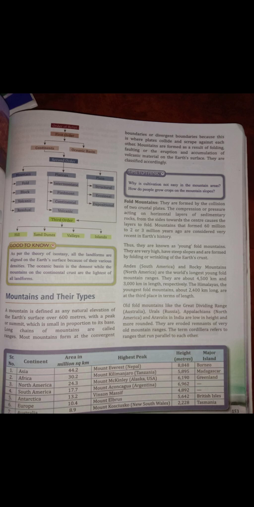So, fold mountains mainly form because of sediment deposition in the sea or shallow sea. When sediments deposit for millions of years, that creates a pressure on the earth's surface, and the earth's surface creates an opposite pressure to the sedimentation, and it is uplifted like a fold mountain.